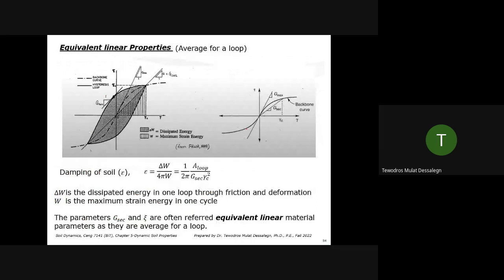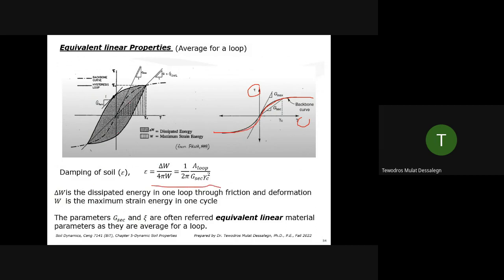So, equivalent linear properties for the hysteresis loop. We already said if you connect the tips, that's the G secant, and that's what we use mostly. Gmax is the initial value. In the shear stress-shear strain graph, the backbone curve is what you have from several tests. And the damping ratio, we have seen this in chapter 3.